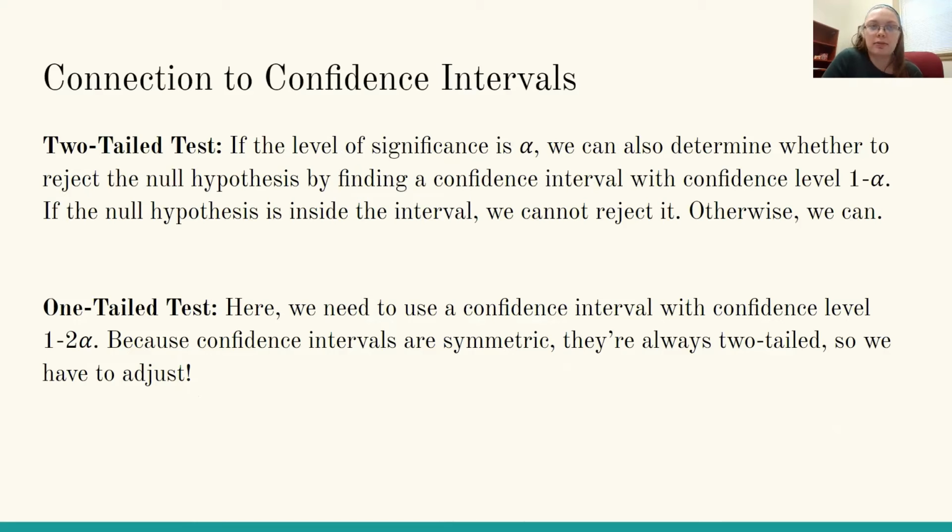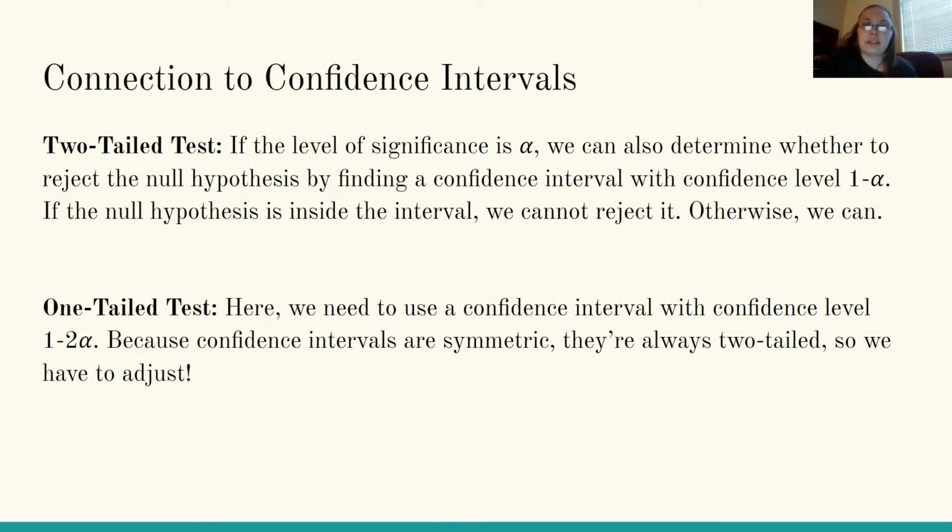And confidence intervals are really connected to hypothesis tests, but we have to think a little bit carefully about the tails of the tests in order to see that. So let's start with the two-tailed test. It's a little bit easier.